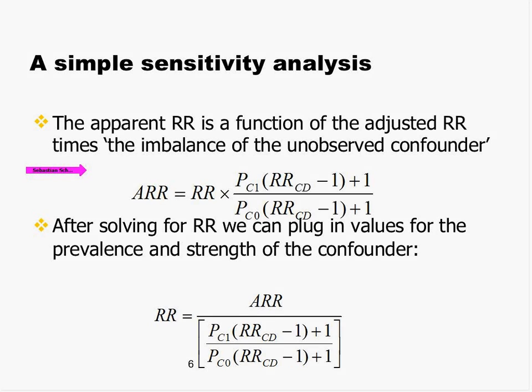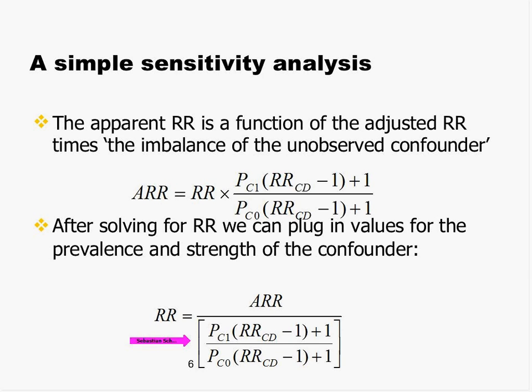And then what you can do is you can simply turn this equation around and solve for the true relative risk. What should the true relative risk be given the observed relative risk? And then, again, of course, this term here, but what you can do is you can now express true relative risk as a function of what you observe and a bunch of assumptions.